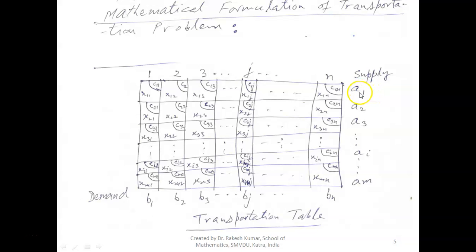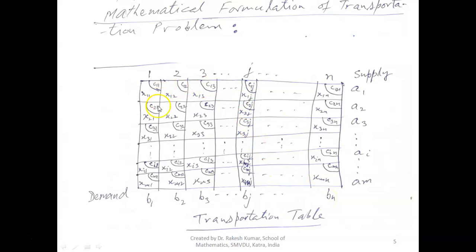At first supply center we have supply A1, at second supply center we have supply A2 units, then A3 units at third, and at ith supply center the supply is Ai and mth Am. Similarly, we can have these demands. So first demand center we have demand B1, at second demand center we have demand B2, at third it is B3. For jth demand center the demand is Bj, and for nth it is Bn.